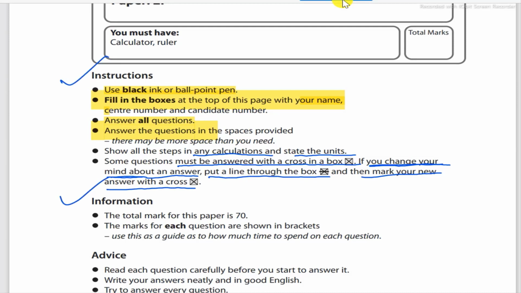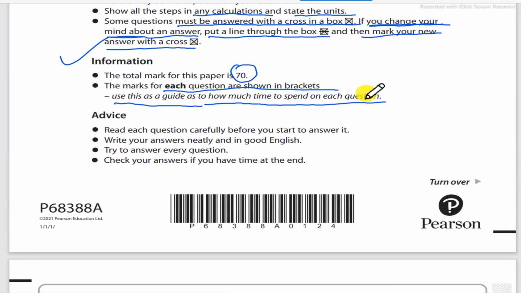Information: the total mark for this paper is 70. The marks for each question are shown in brackets. Use this as a guide as to how much time to spend on each question. Advice: read each question carefully before you start to answer it.